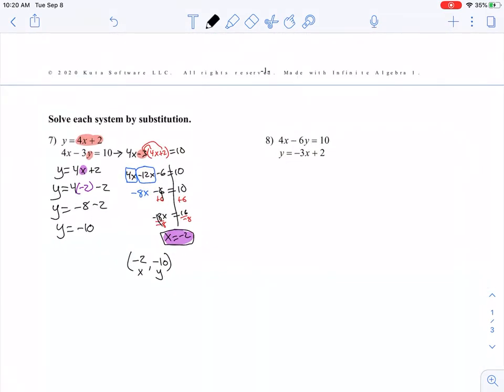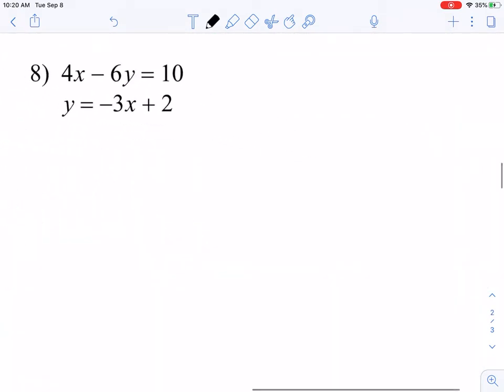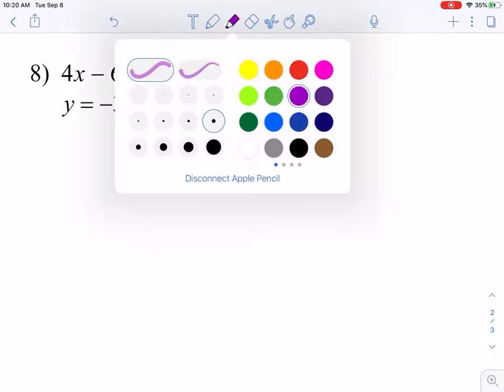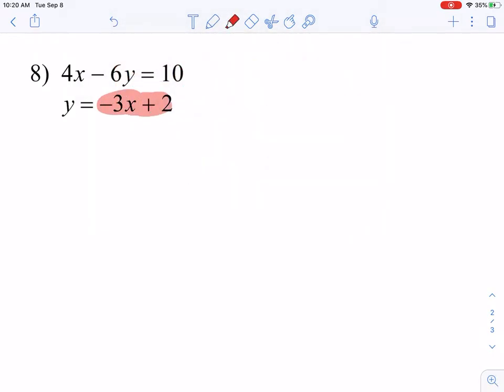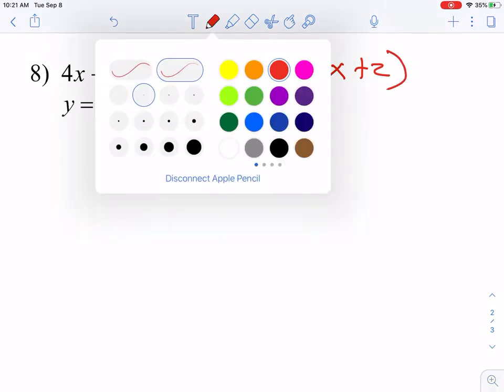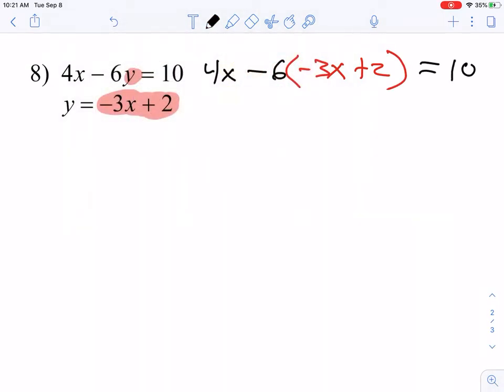All right, let's see a couple more of these. So our first step is to substitute. Do that in purple again. We take our value for y and we substitute it into the other equation. So minus 6 times, do that in red, negative 3x plus 2 equals 10.